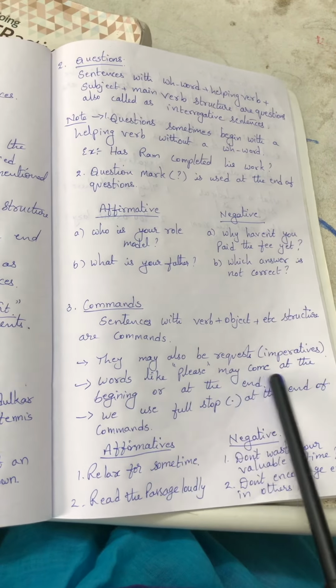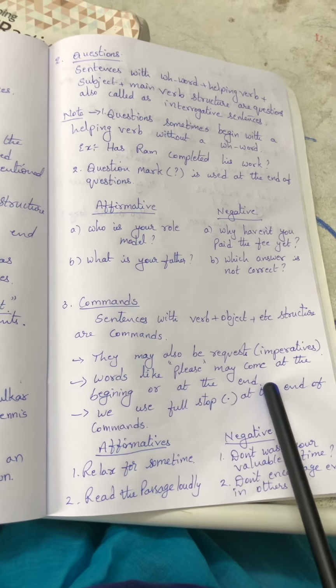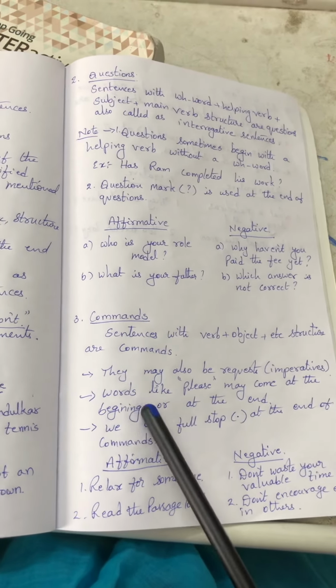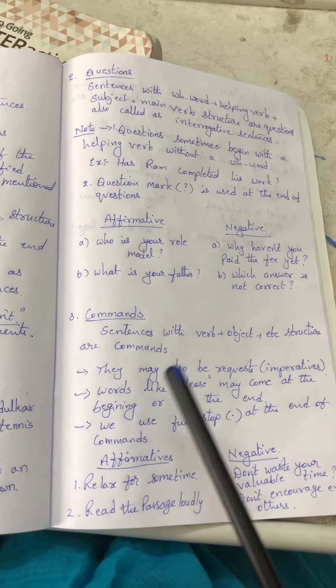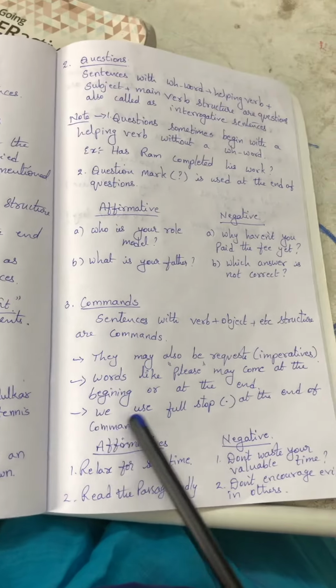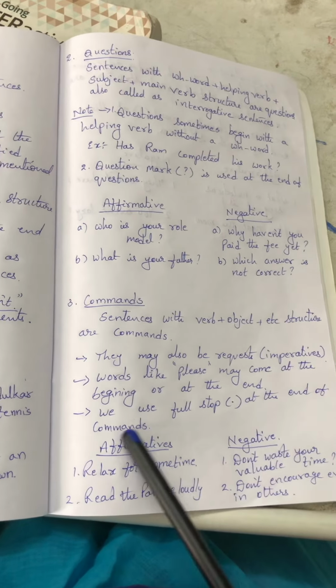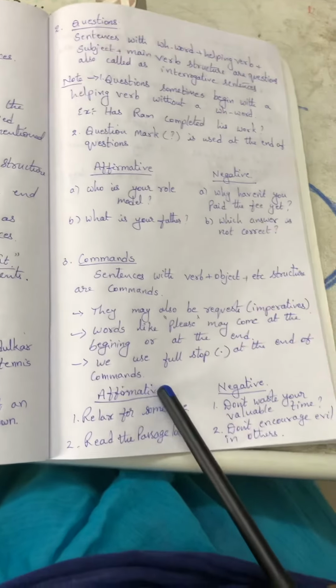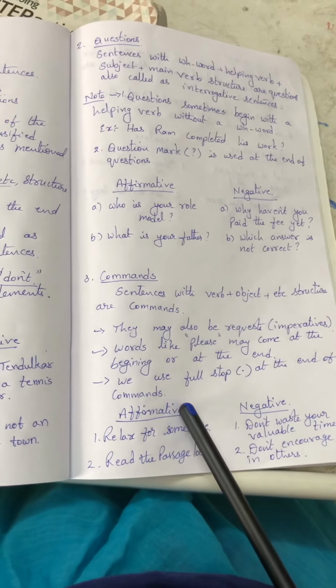Words like please may come at the beginning or at the end. When we make a request, the word like please will be added either at first or at the last. We use a full stop at the end of the commands. Like the general statements, we use full stops to end the commands.